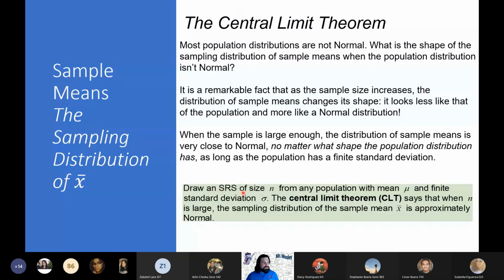So if we draw an SRS of size n from any population with mean mu and finite standard deviation sigma, the central limit theorem says that when n is large, the sampling distribution of the sample mean x bar is approximately normal. Okay, so as long as this large condition is met, then we can use normal calculations, even though our population wasn't normally distributed.